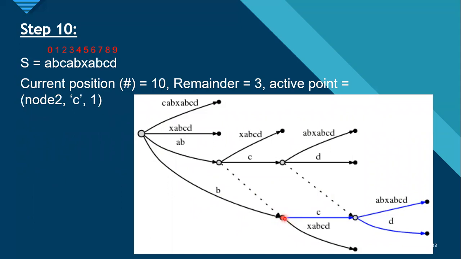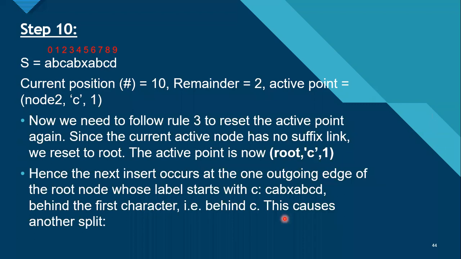So according to rule 3, we will reset the active node to be the root node, but we will not change anything about the active edge or the active length. So the active point is now reset to root, C1. And so this means that the next insert will be on the outgoing edge of the root node, whose label starts with the character C, behind the first character.